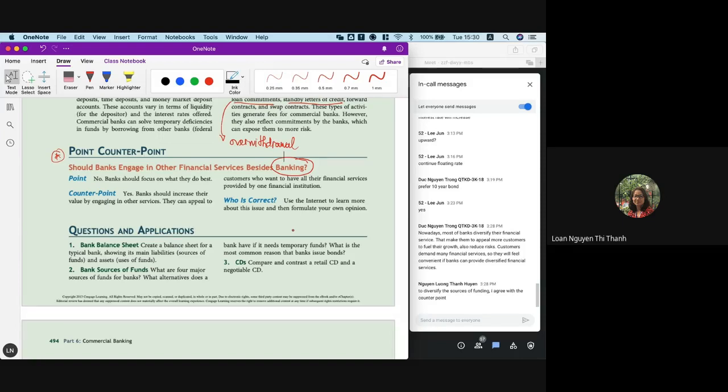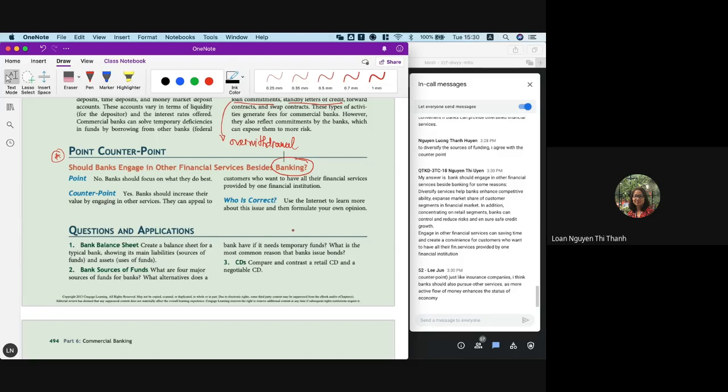They offer more financial services to the customer. Counterpoint, like insurance companies, they say banks should pursue other services as more active flows of money enhance the status of the economy. Okay.